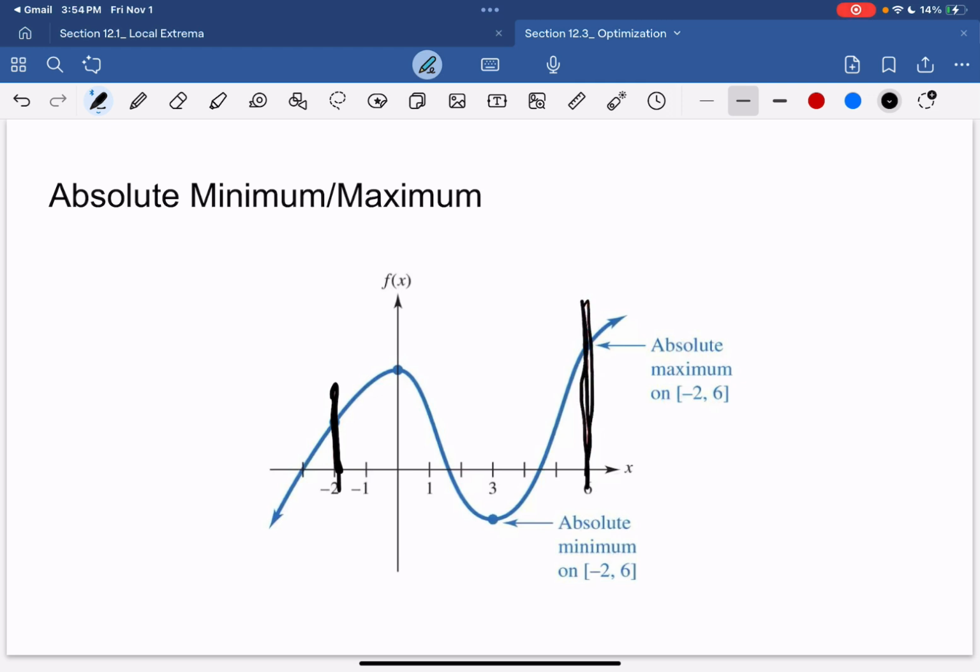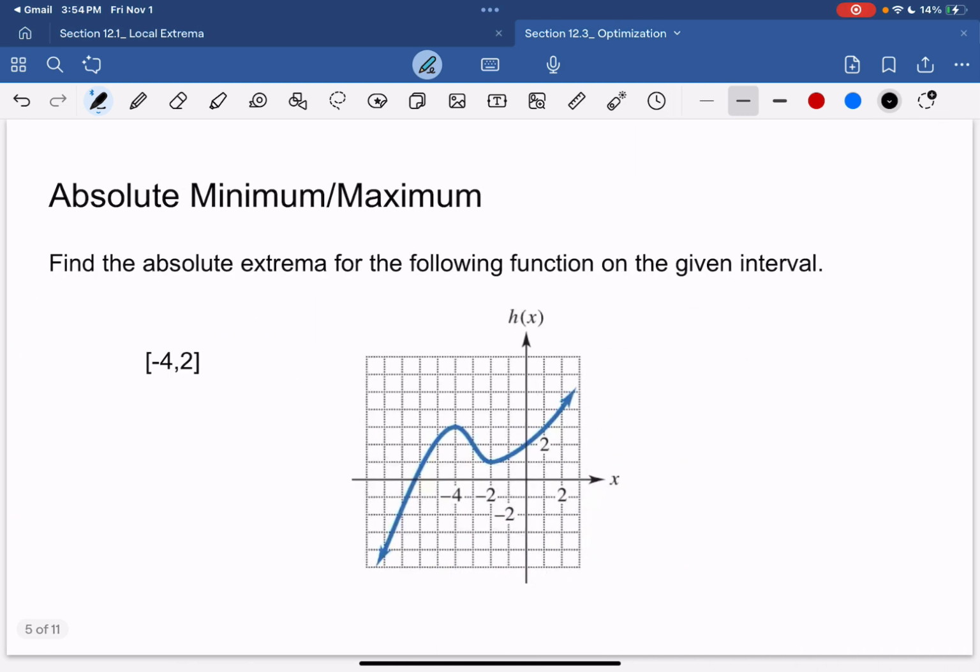Okay, it can have maxes and mins in between -2 and 6, but our absolute maximum is the largest of the maximums, and then the absolute minimum is the smallest of the minimums. And as you can see, we have this absolute minimum when x is equal to 3. And we have an absolute maximum when x is equal to 4 on the interval from -2 to 6.